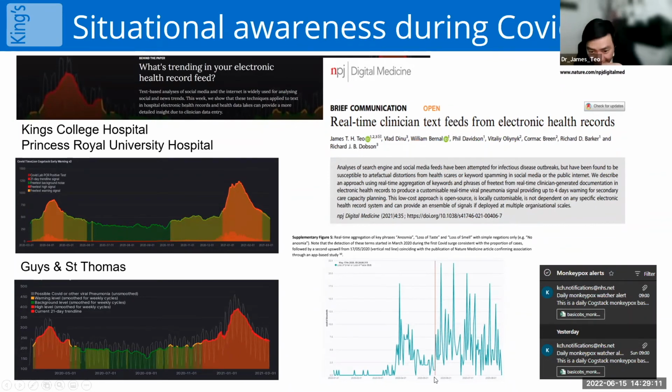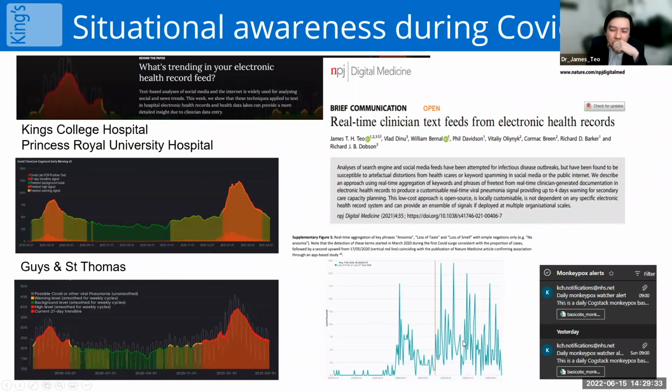But then where the red line is, in mid-May, the Nature Medicine paper came out describing it as a symptom, and then there was an additional amplification of the signal. So this is a media-sensitive signal within the free text, that doctors became aware of it, and they started asking about it a lot more and detecting it a lot more.